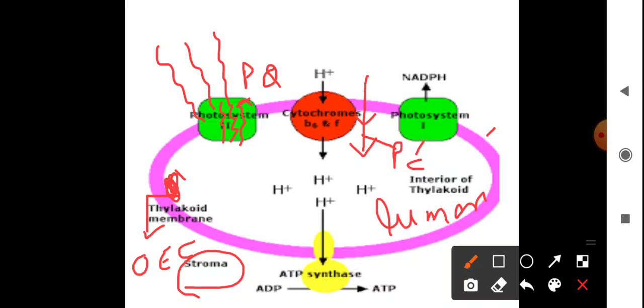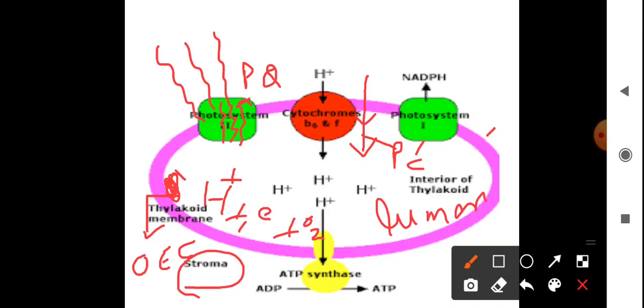Here water is split or broken down into H ions, a pair of protons, plus a pair of electrons, plus oxygen, and oxygen, as you know, is a byproduct of photosynthesis.